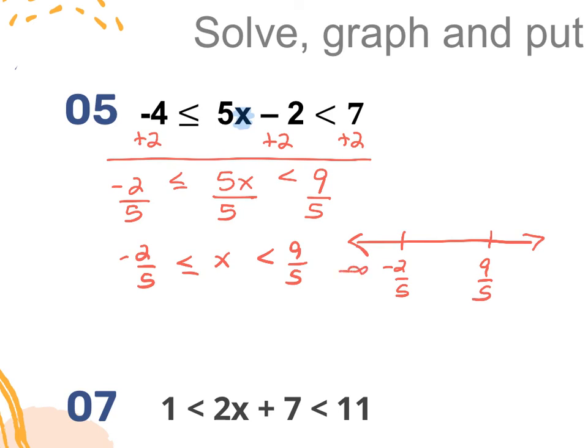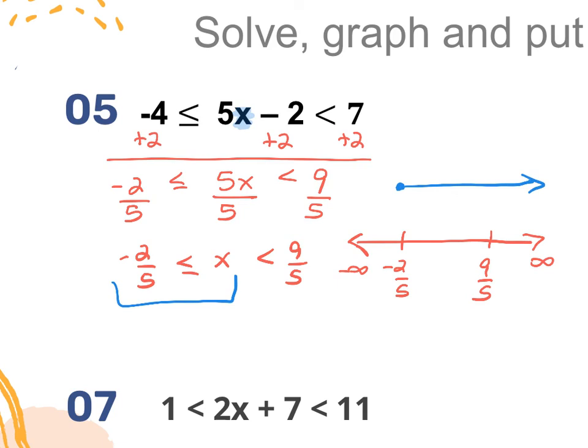If you want to put the infinities underneath those arrows, you can. And now, again, if you want to think of this as graphing it individually, really what we're doing here is this one. X is greater than or equal to -2/5, which would be closed circle here.